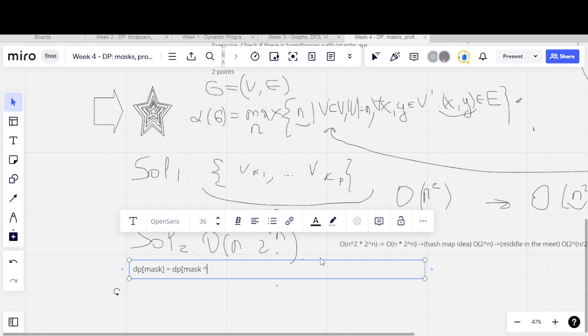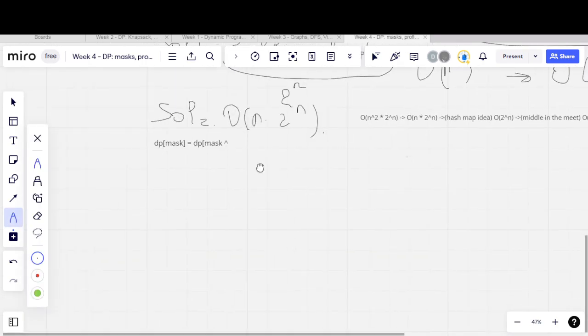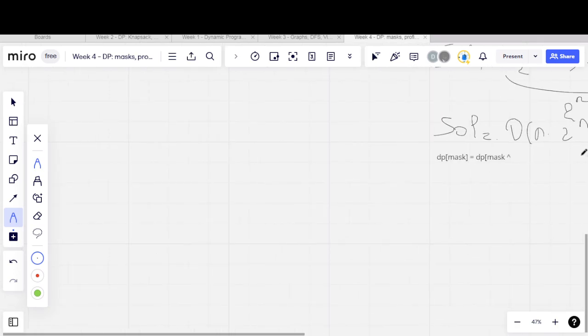So the pair mask will be true if the mask is a clique, and we consider a transition, a step. How to do it? We consider cases.